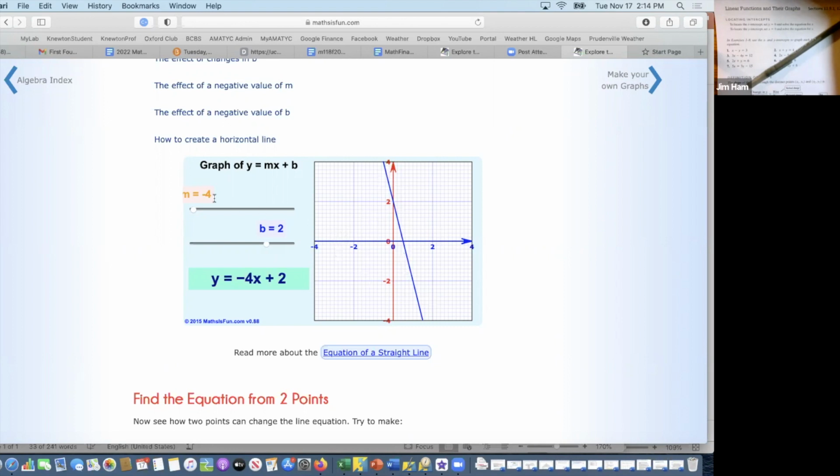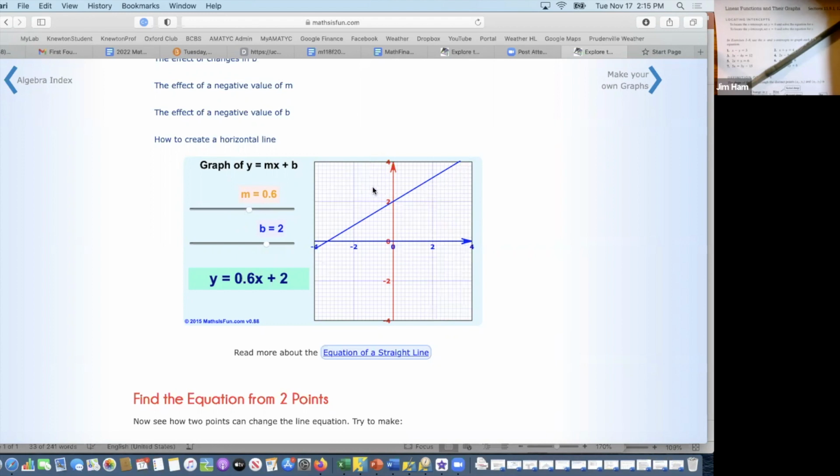And notice that this line right here is the slope, and you can see the slope is negative. As long as the slope is negative, that line will decrease as you read it from left to right. If the slope hits 0 right there, then the line is a horizontal line. And then if you increase the slope to make it positive, then the line increases as you read it from left to right.